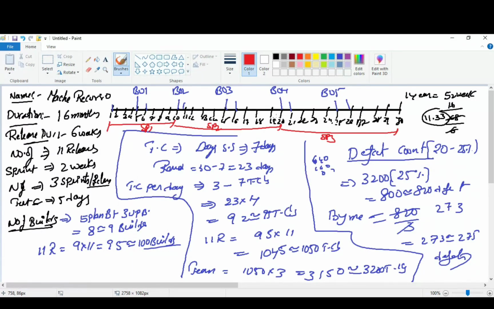Yes. How to calculate the number of releases? Yes. Who is that? Cousin. So convert this duration into weeks, divided by the release duration. You'll get the number of releases. Convert the duration into weeks. Okay. Below test case, what have you written in the middle section? Test case, test case, test case. This one?